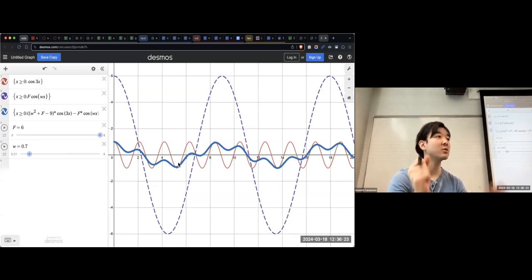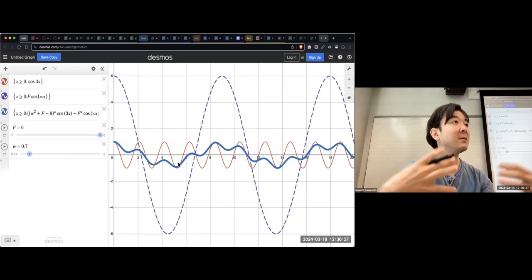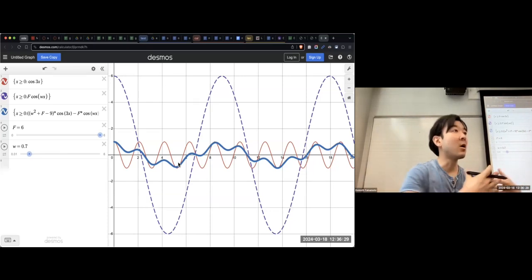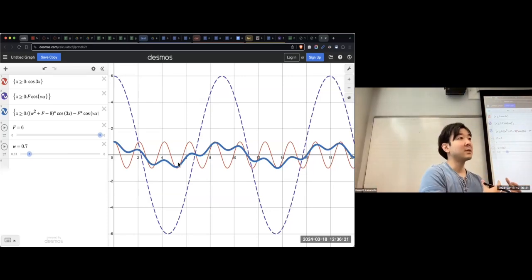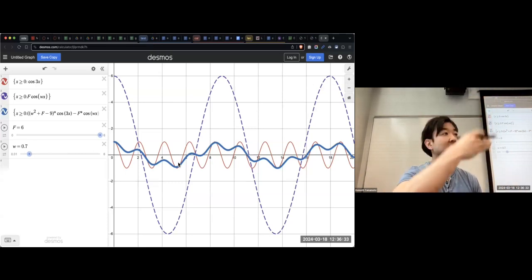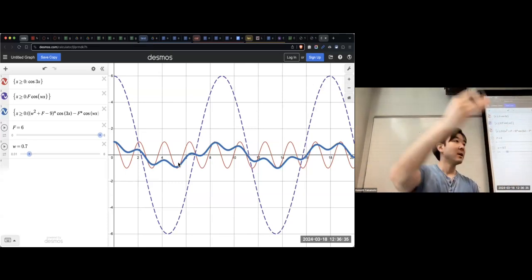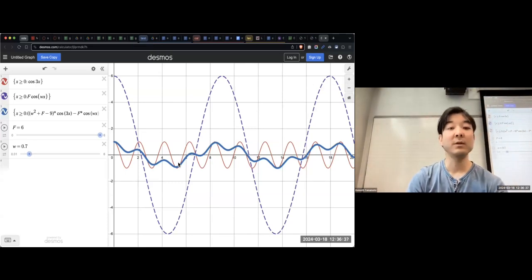So it has a natural frequency that I like to vibrate at, but this guy is also causing me to vibrate in these long wavelengths. That's why I'm going to shake very small while also shaking in this longer way. So there are multiple scales there. I think that's enough to explore.